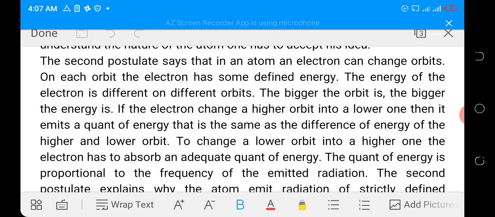The second postulate says that in an atom, an electron can change orbit. On each orbit, the electron has some defined energy. So the energy of the electron is different on different orbits. So the bigger the orbit is, the bigger the energy. So if the electron changes from a higher orbit to a lower one, then it emits a quantum of energy.